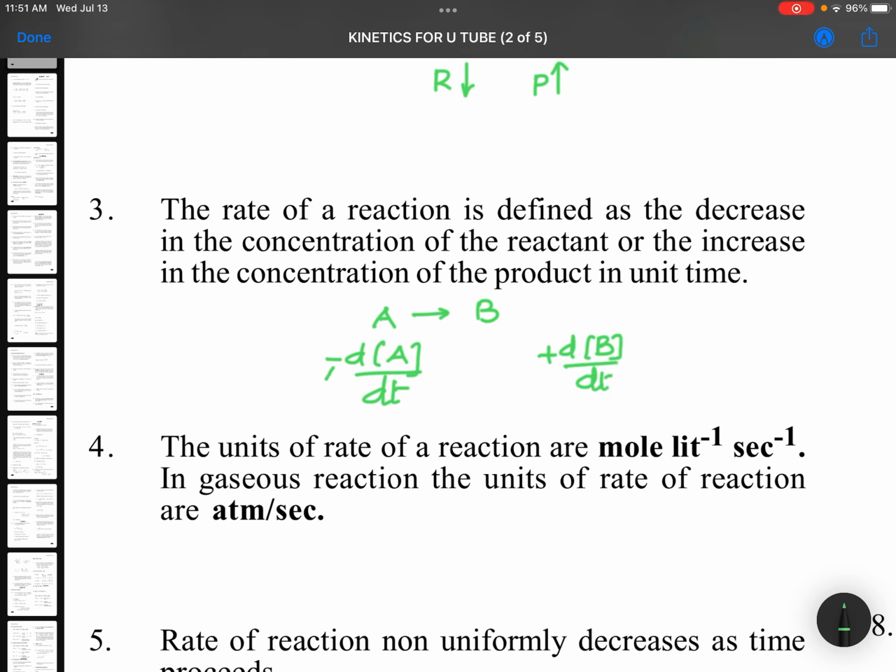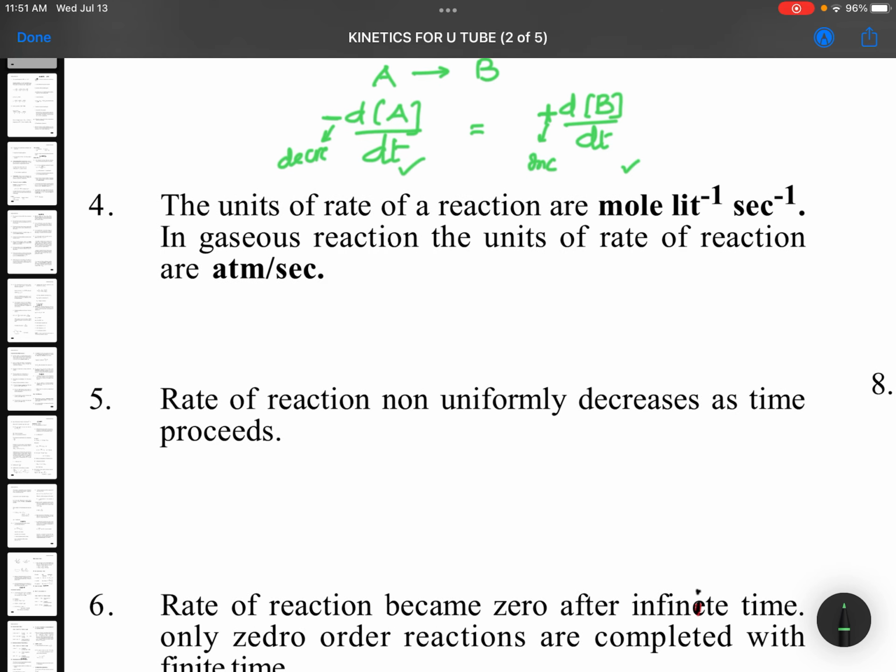Here negative indicates decrease in the concentration and positive indicates increase in the concentration. Minus dA by dt is equal to plus dB by dt. Both must be the same. With whatever rate it is decreasing, with the same rate it will be increasing.